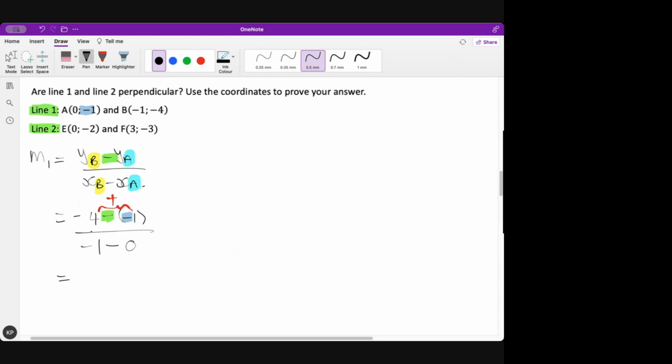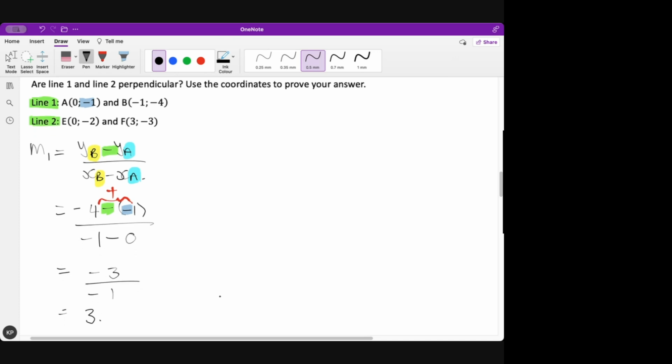That means I have -4 plus 1. What's -4 plus 1? -3 over -1 minus 0 over -1. And what is -3 divided by -1? That will be a +3. Great. We have our first gradient, +3, sorted.